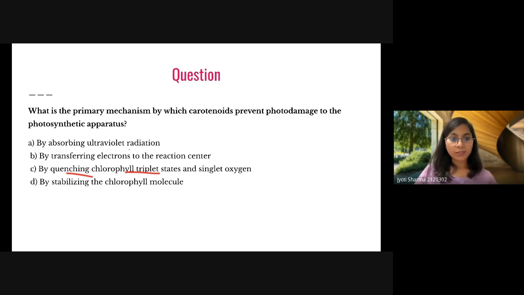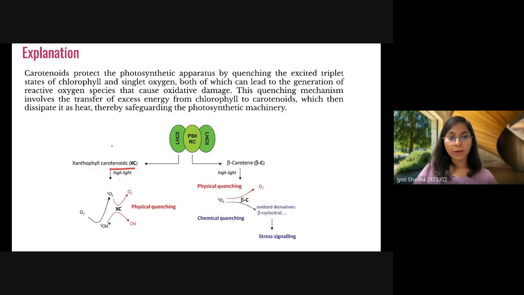So just see here, this is the carotenoid, and if we do have light energy, if we have beta carotene, then this will do the physical quenching, and based on that, it can prevent the chlorophyll from getting oxidized, right? So just see here the explanation.